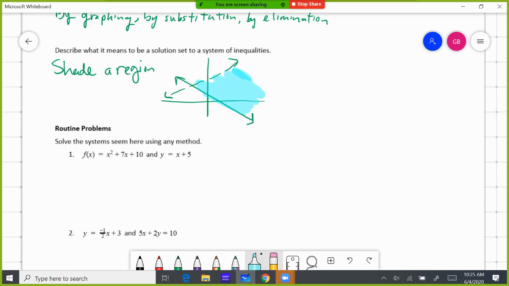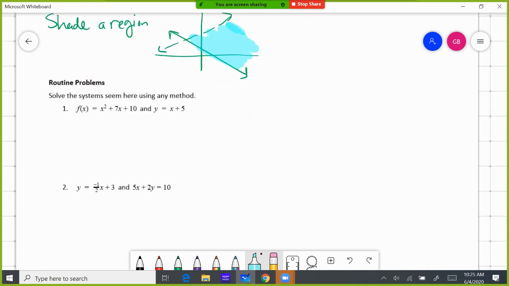Okay. All right, so let's solve these problems here so we can see what we're talking about. Solve the system here using any method. Okay. So we have a quadratic and a linear. So I'm going to add these equations to each other.